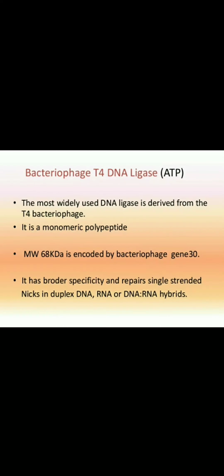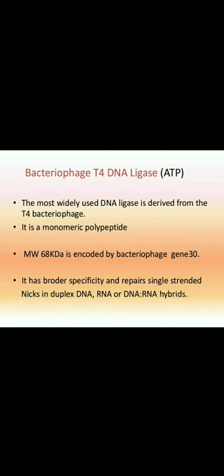Now, the DNA ligase enzymes. The first one is bacteriophage T4 DNA ligase. It requires ATP as a cofactor. The most widely used DNA ligase is derived from the T4 bacteriophage. It is a monomeric polypeptide with a molecular weight of 68 kilodaltons, encoded by the bacteriophage gene.